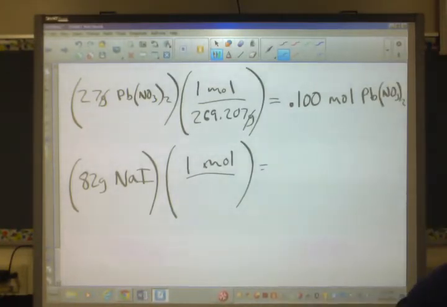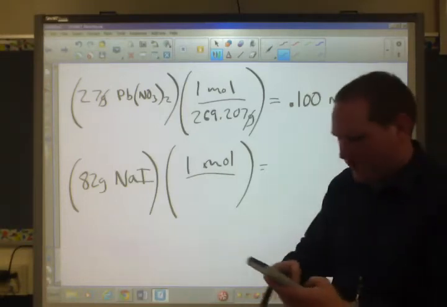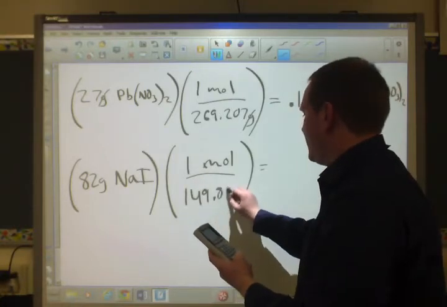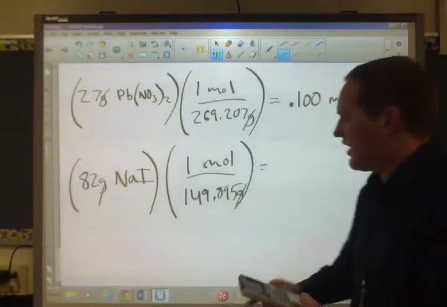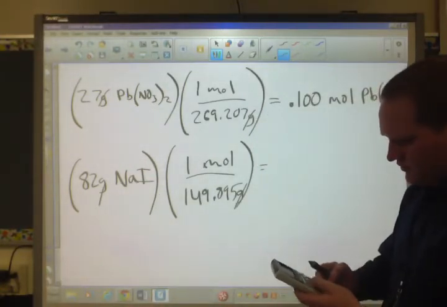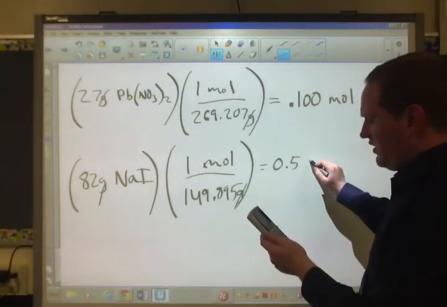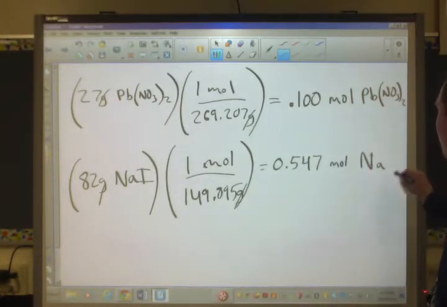Sodium iodide, excuse me, is 22.990 plus 126.905, that's 149.895 grams. Gram cancels gram. 82 over that gives me 0.547 moles of sodium iodide.